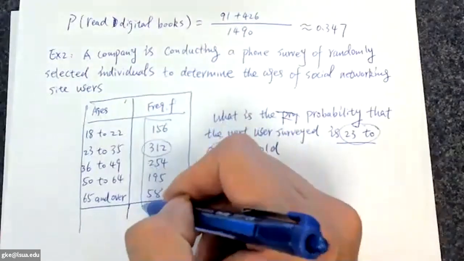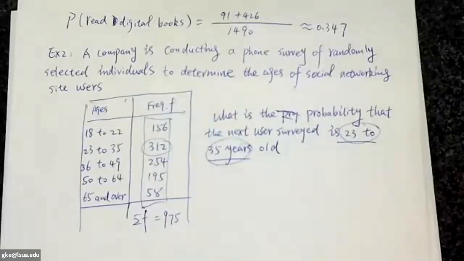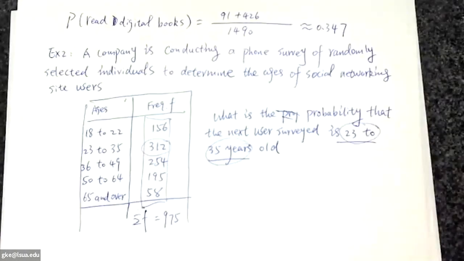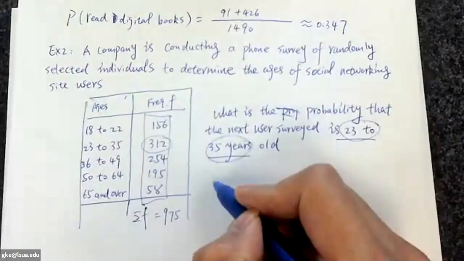It's the summation of all these frequencies. You're going to get 975. I'm very glad I have a very smart student. You did a very good job. Okay, so now we can plug in.